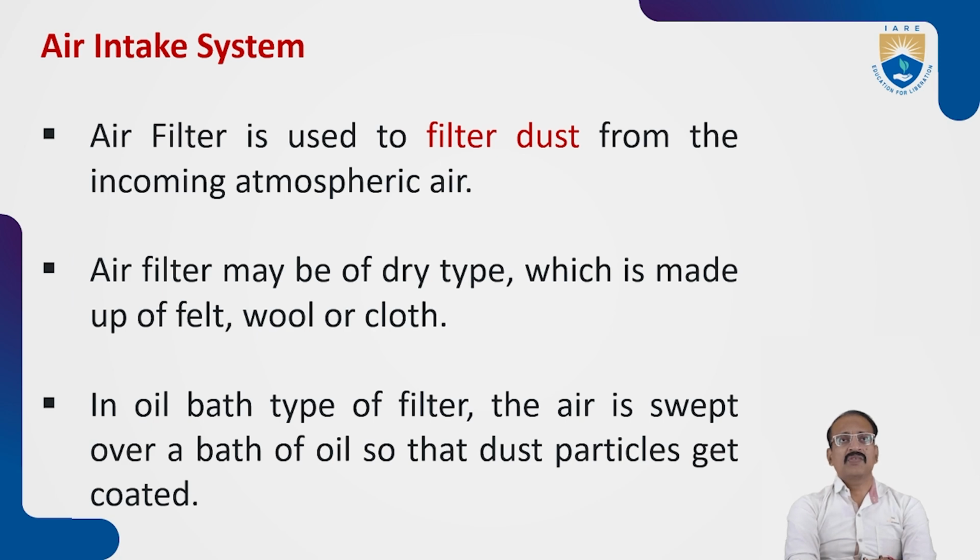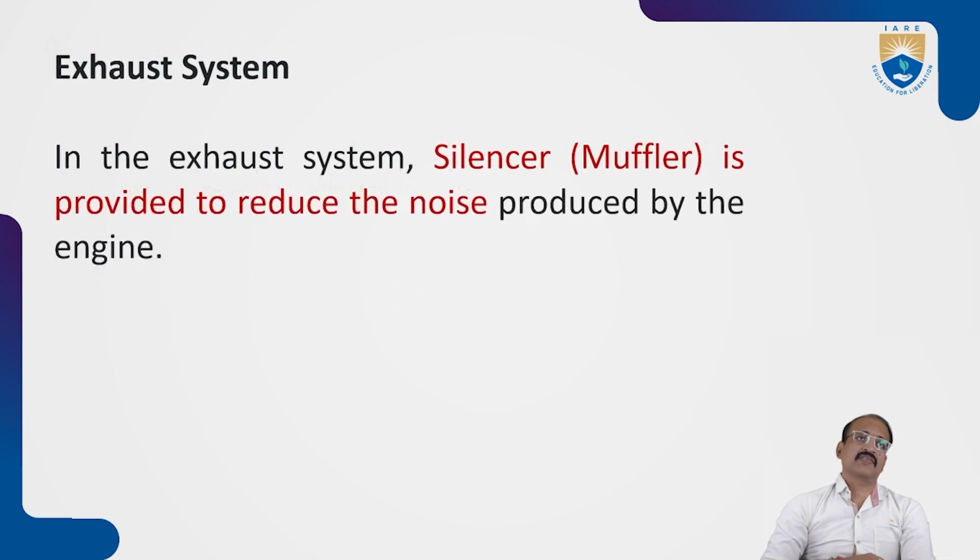The air filter is used to filter dust from the incoming atmosphere. An air filter may be of dry type, which is made up of felt, wool and cloth. In an oil bath type of filter, the air is swept over a bath of oil so that the dust particles get coated.